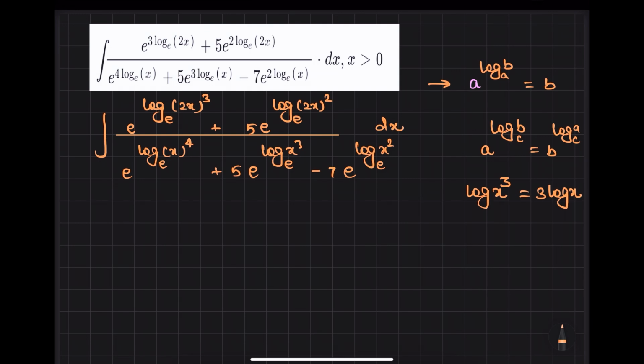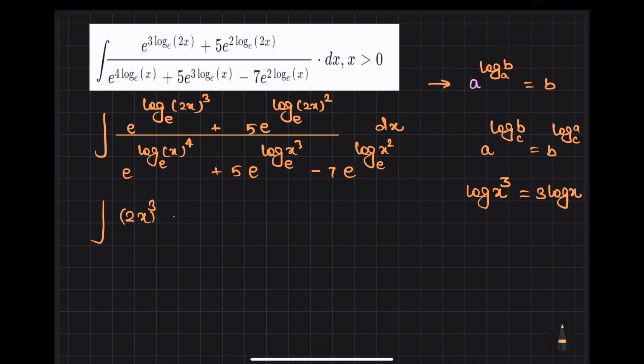Now look at this. The base is the same, so can we directly write the argument? So we will have 2x cube in the argument, both things together.